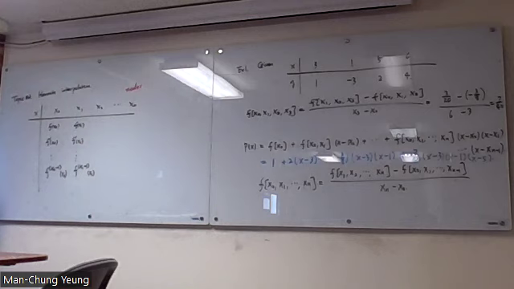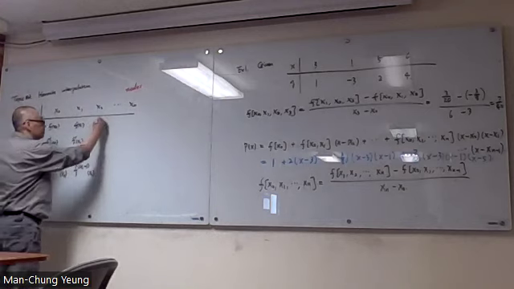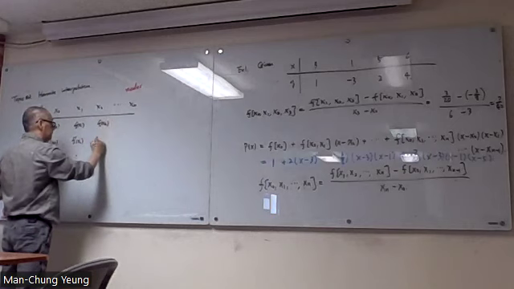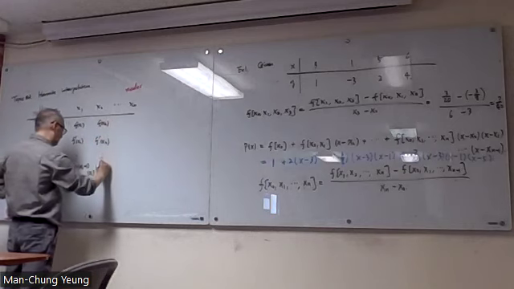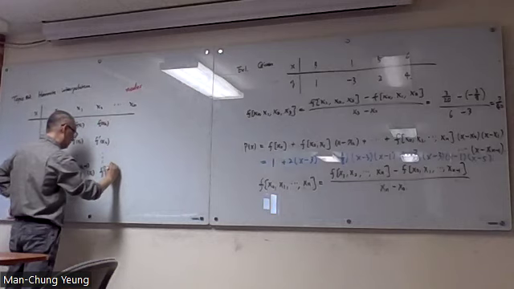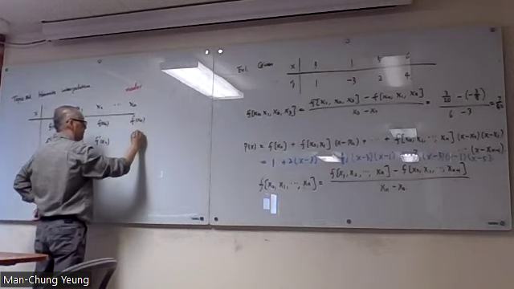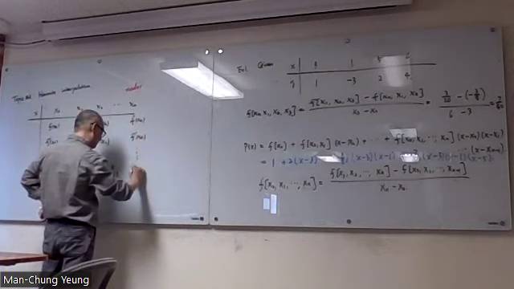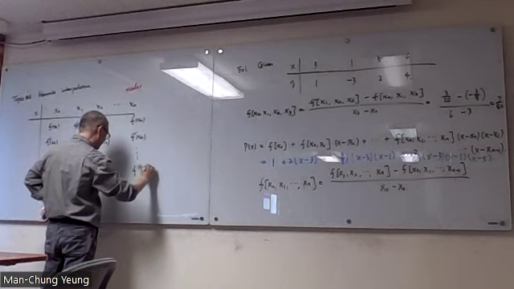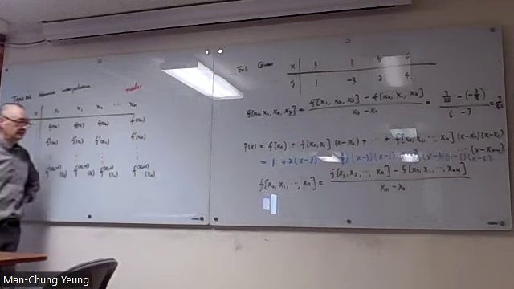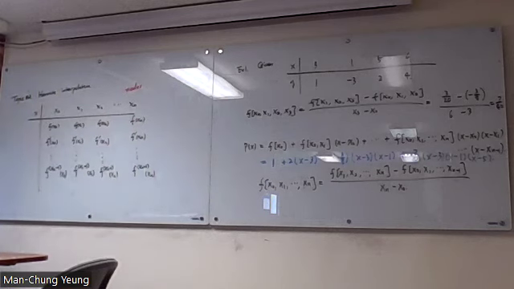Similarly at x2, and at xn we have f(xn), the derivative, up to the derivative of order kn minus 1 at xn. Now we want to find a polynomial of degree as small as possible satisfying these data.